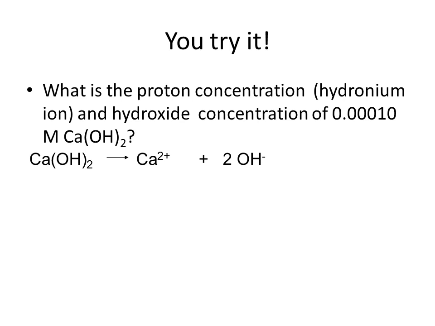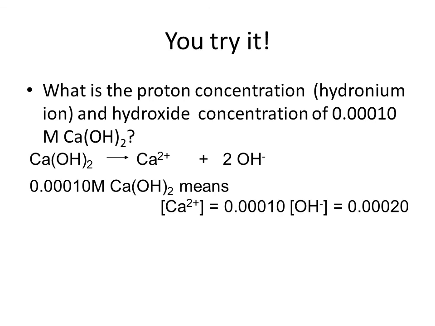That means that if I have 0.00010 molar of calcium hydroxide, then I have 0.00010 molar of calcium ions, and 0.0002 molar of hydroxide. The calcium ion concentration is not important to this problem. What we need to focus on is the hydroxide ion concentration.